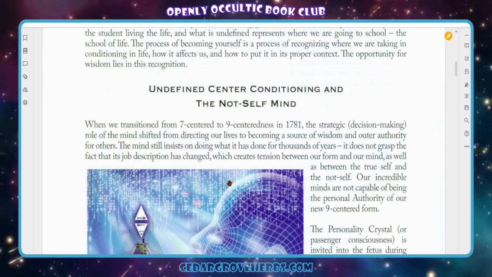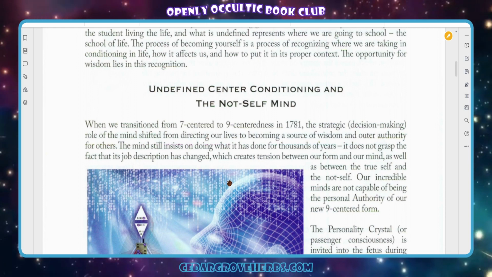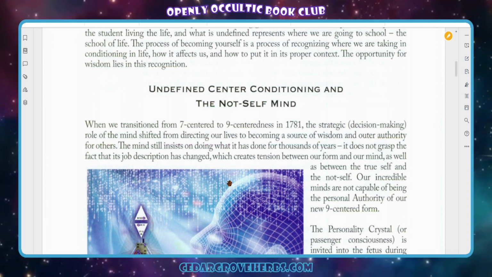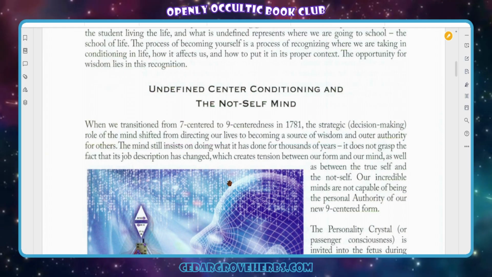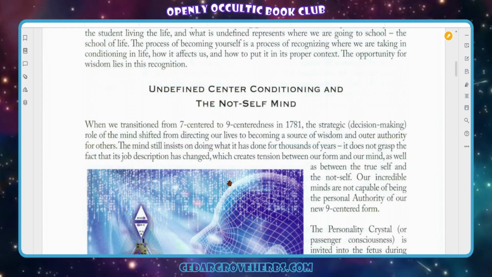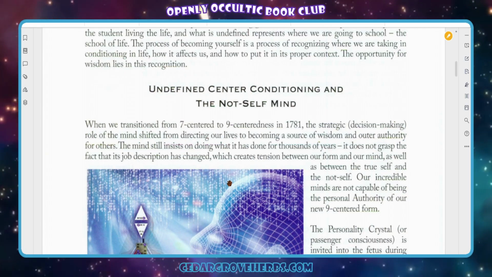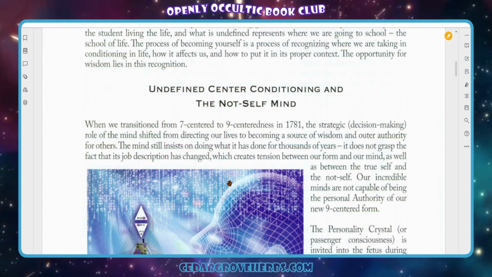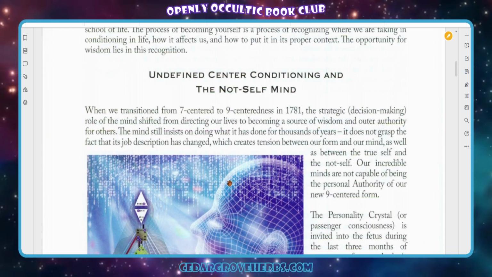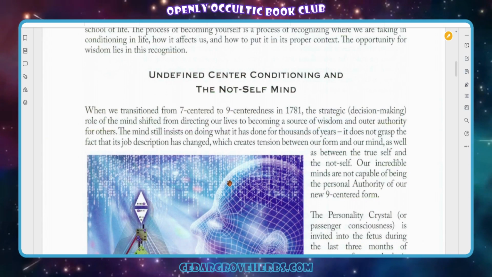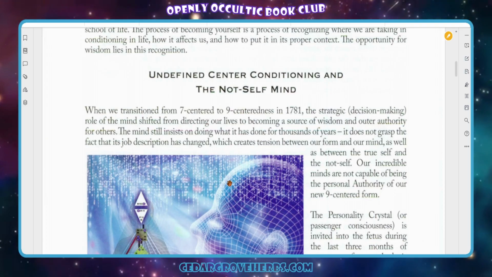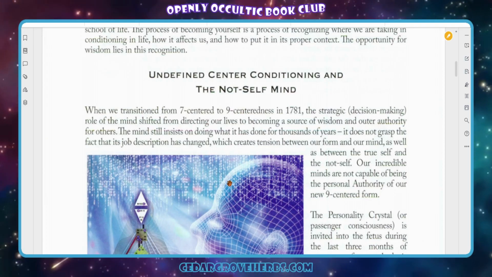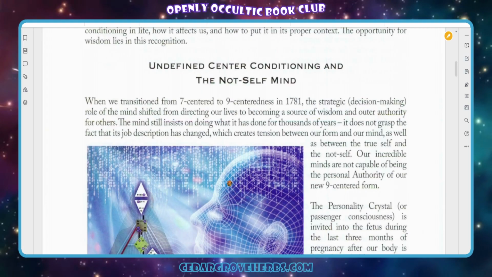The mind still insists on doing what it has done for thousands of years. It does not grasp the fact that its job description has changed, which creates tension between our form and our mind, as well as between the true self and the not-self. Our incredible minds are not capable of being the personal authority of our new nine centered form.